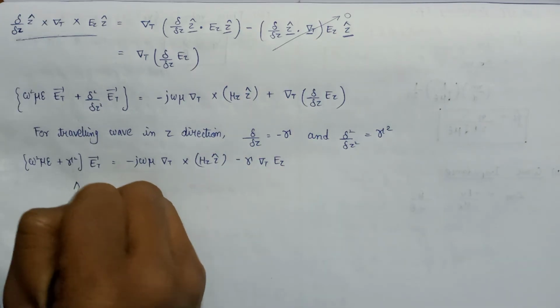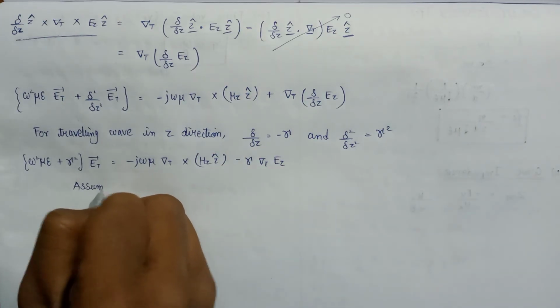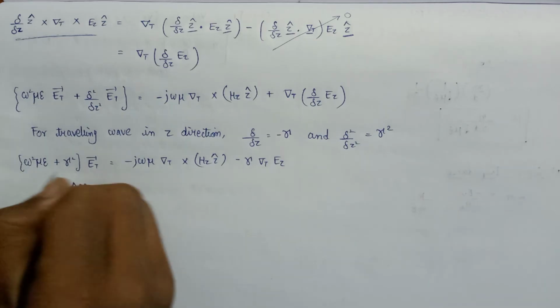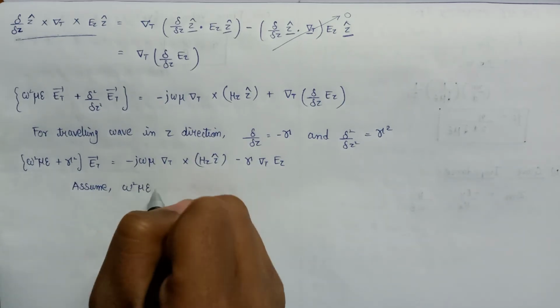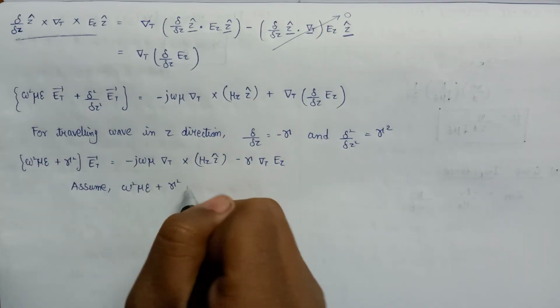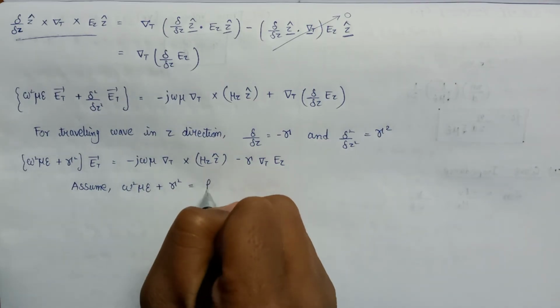Now let's assume that this expression, that is omega square mu epsilon plus gamma square, is equals to small h square.